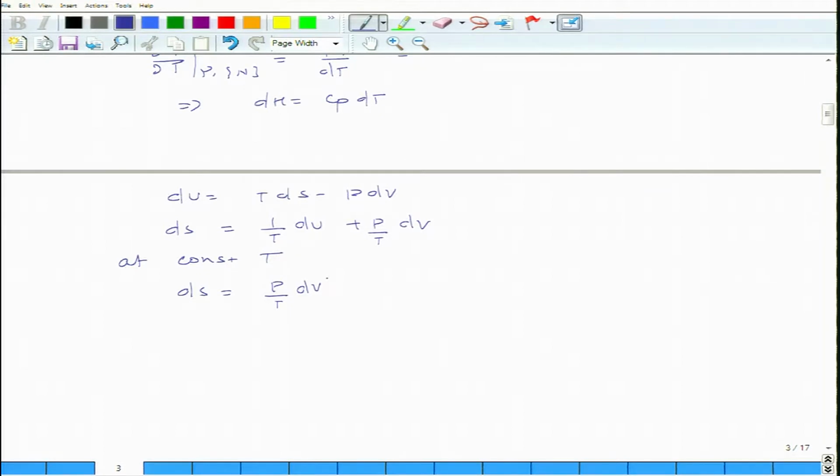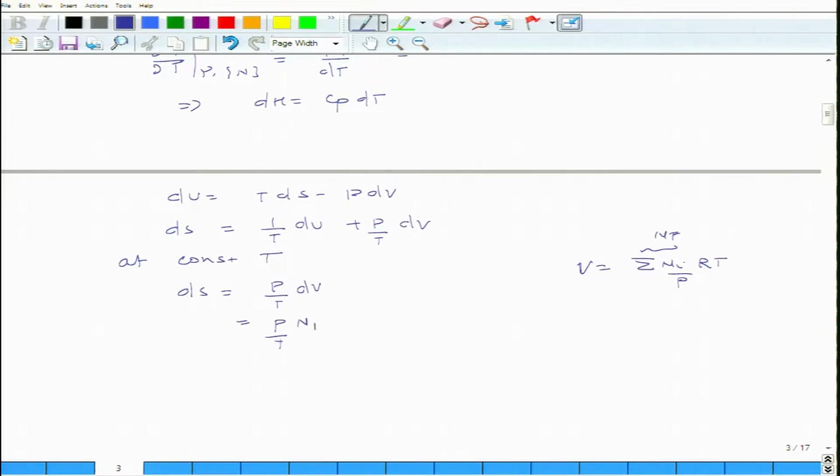Okay. Now, for an ideal gas mixture, I can write this because I know volume is summation Ni by P RT. So, I can now get a derivative of this. Summation Ni I can write as Nt, the total number of moles.